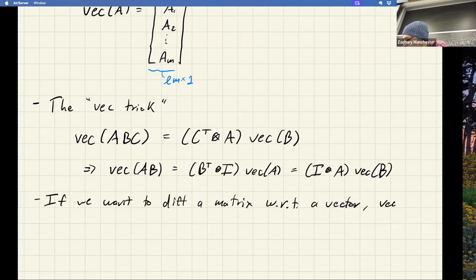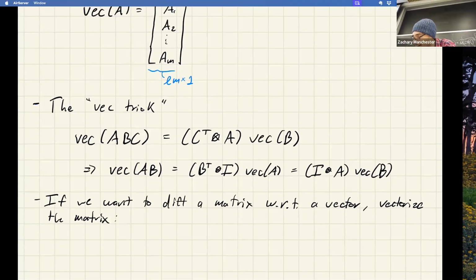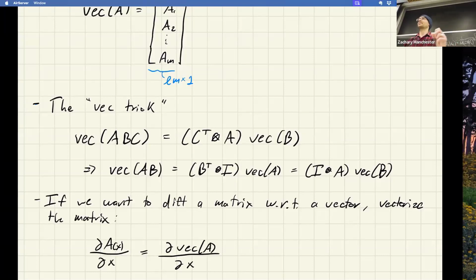What we basically do is vectorize the matrix. And then it just looks like a standard Jacobian that we know how to deal with again. So anytime you see something like this, where that's our dynamics A matrix, say, we're basically always going to assume we're doing this, so vec is always kind of implied anytime you see a matrix derivative like this.